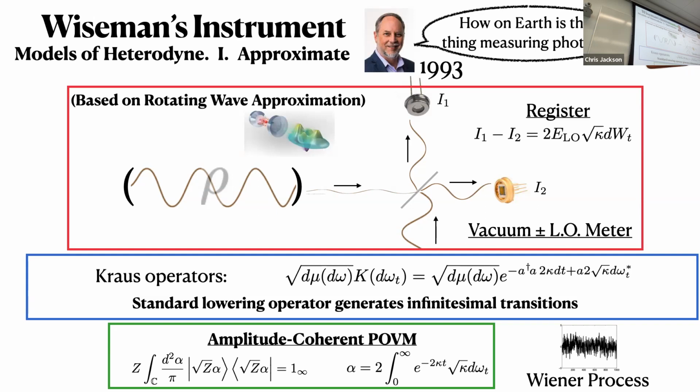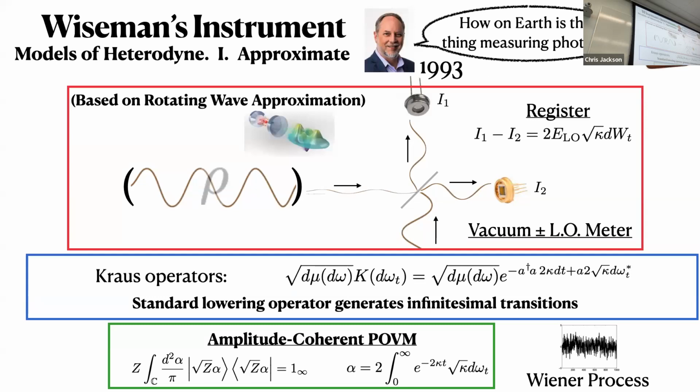Actually thinking of these as the fundamental building blocks of your measurement is not part of Wiseman's picture. But to me, it's very meaningful because that's what's going to allow you to think about differential instruments, where anytime something happens, just a little bit of back action occurs.